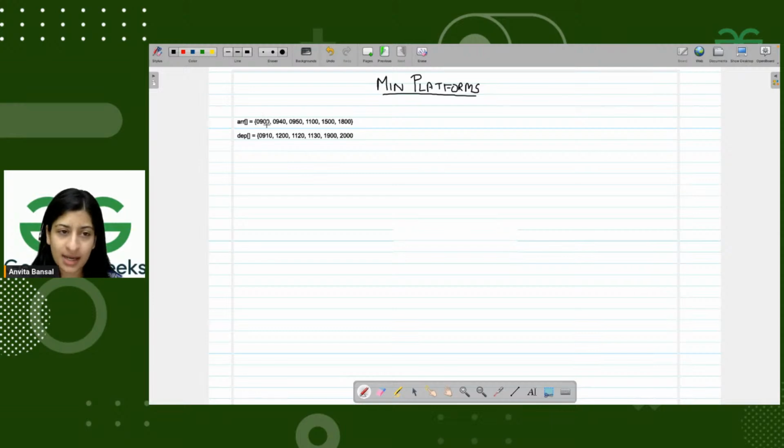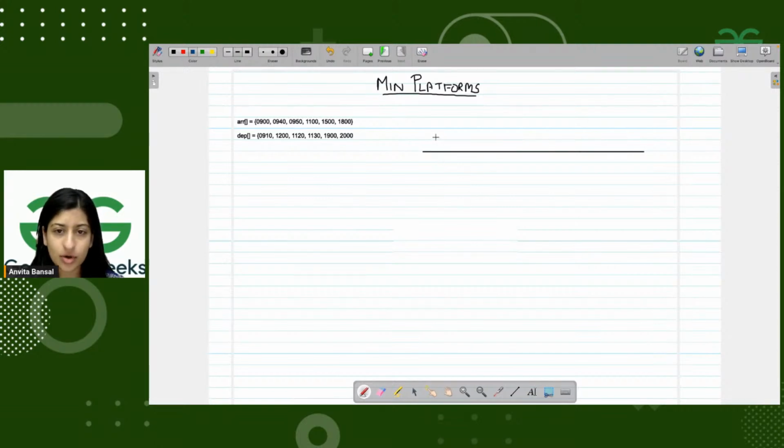So let's say at 9:00, that is at 9 a.m., a train arrives. One of your trains arrives at this instant. Arrivals I am writing with blue.